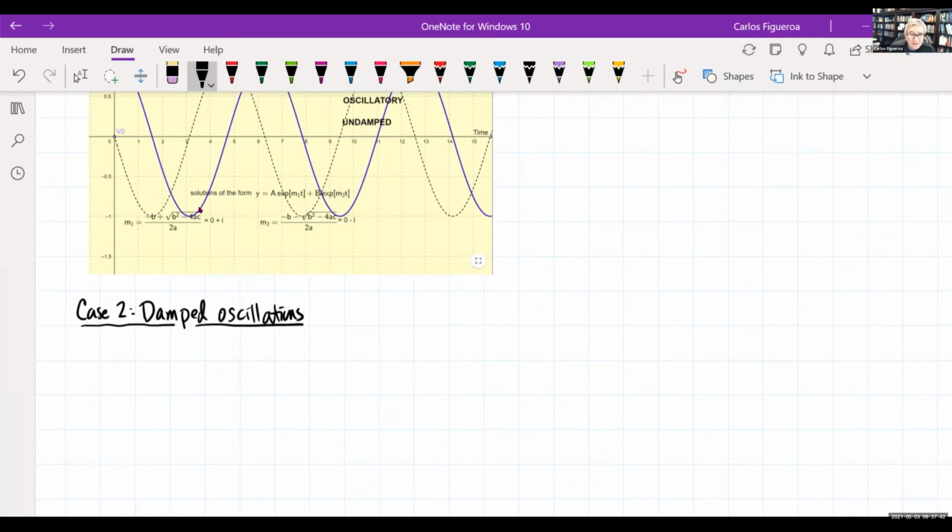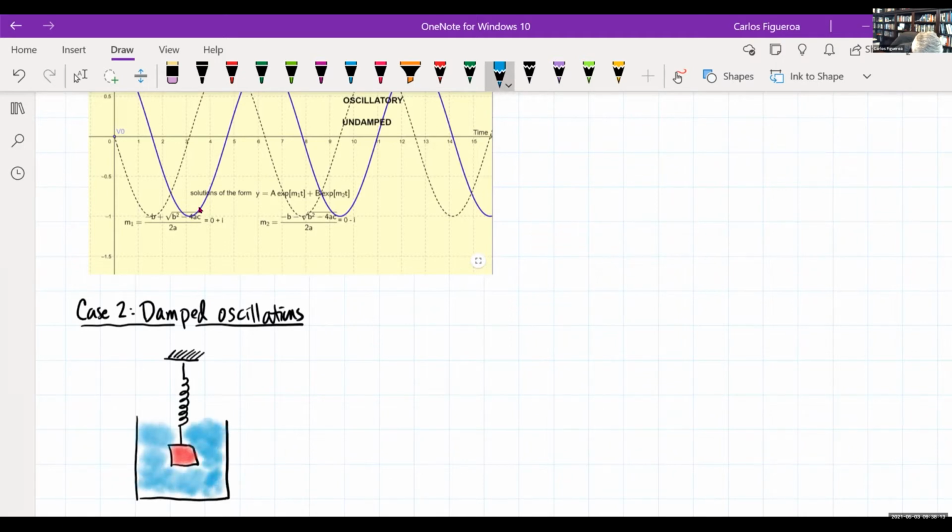So when I look at damped oscillations, essentially what we were talking about is that you could imagine I have an oscillator. And this time we're going to put it in water or some fluid, right? So if I put this in some fluid like this, we could imagine that this guy's going to be moving. So it's going to look something like this here.